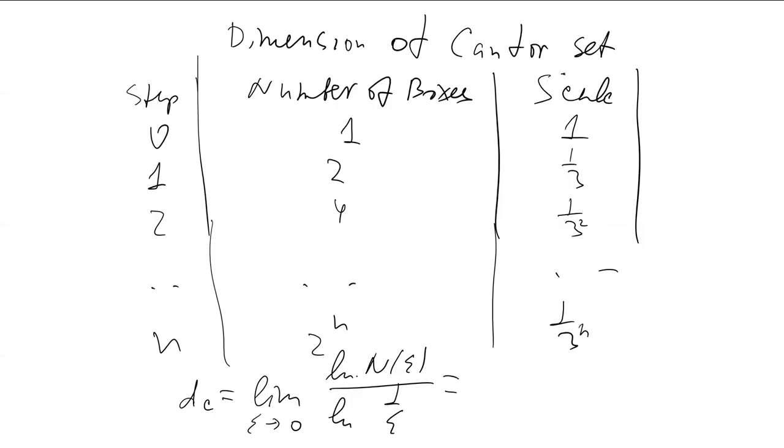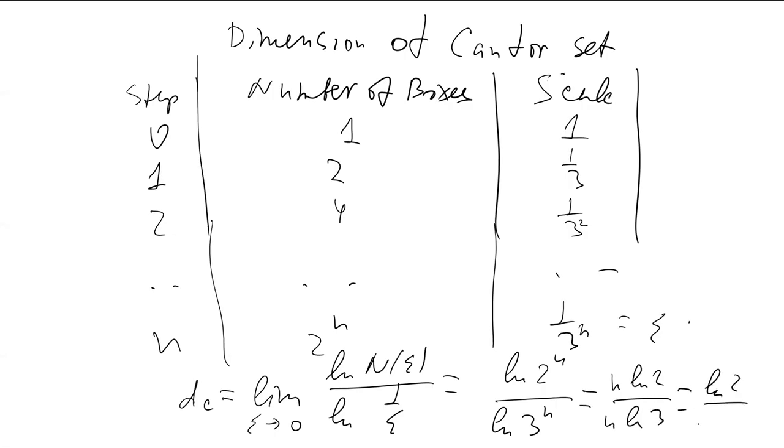So n is 2 to the power of n, and since this is epsilon, 1/epsilon will be 3 to the power of n. So this will be logarithm of 2 to the power of n over logarithm of 3 to the power of n, and this is n times logarithm of 2 divided by n times logarithm of 3, which is logarithm of 2 over logarithm of 3. Anyway, this is less than 1. So this is the dimension of the Cantor set.